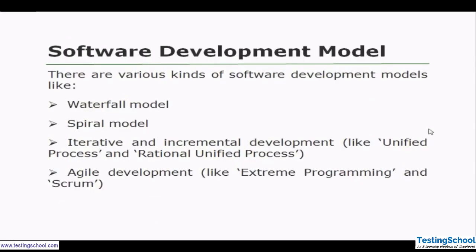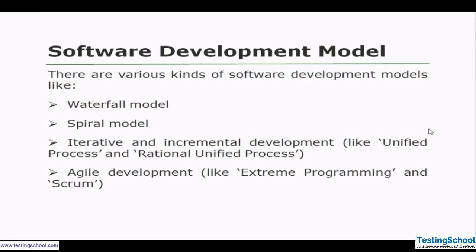So let's see which models are available for software development. We have various models. Let's start with the waterfall model. In the waterfall model, we start from planning and have testing in the last phase.